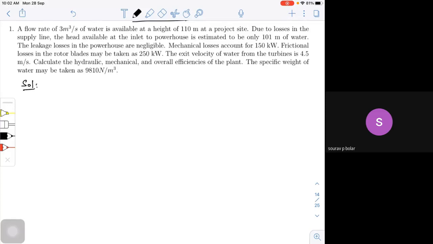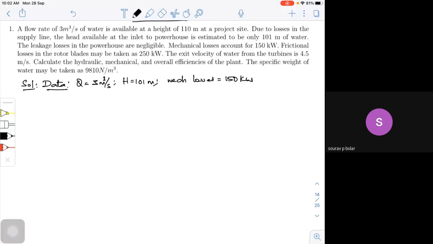Solution. Let us write what is given, so that we call it as data. Your Q is equal to 3 meter cube per second, and your head available is 101 meters. We call it as mechanical losses, which is around 150 kilowatts.